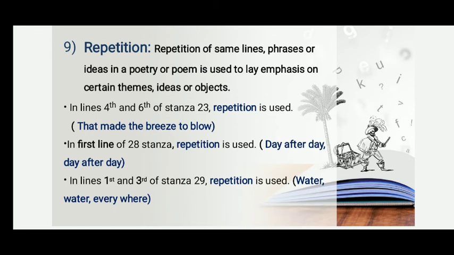Let's see. That made the breeze to blow. Second, in the first line of the 28th stanza, repetition is also used: day after day, day after day. Third, in lines 1 and 3 of stanza 29, repetition is used: water, water everywhere.